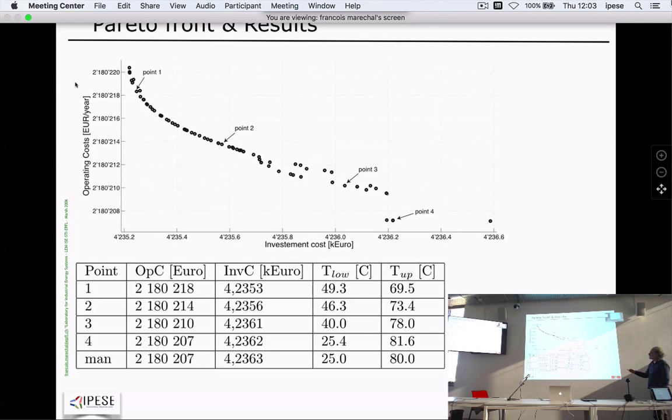So for example, here, the 0.1 corresponds to high operating cost and low investment, and it goes from 49 to 69, while this 0.4, for example, is doing the biggest temperature difference, higher investment but lower operating cost.